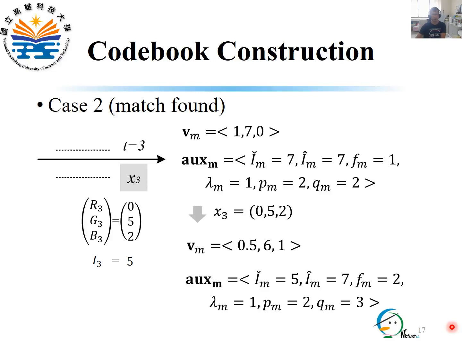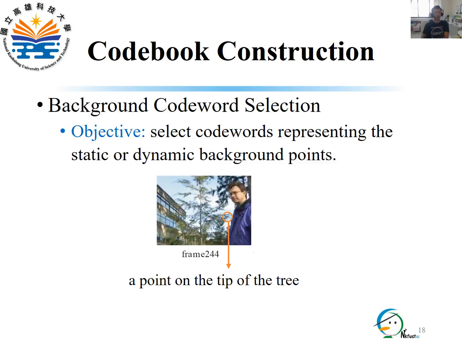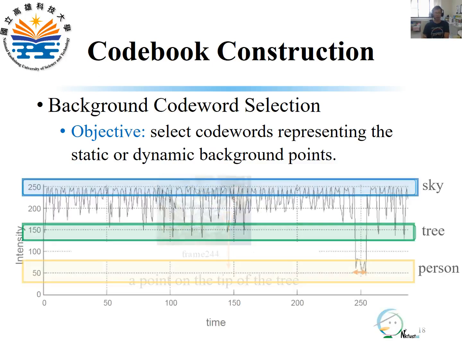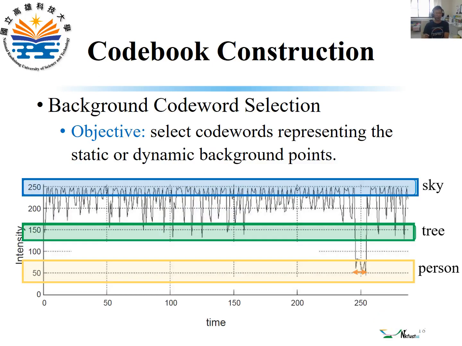Accordingly, the next step of cohort construction is to select the cohorts for the true background, including static and dynamic background points. For a point on the tip of the tree, the picture shows its intensity distribution. The points in blue, green, and orange rectangles are sky color, tree color, and person color, respectively, and each of them is modeled by a cohort.